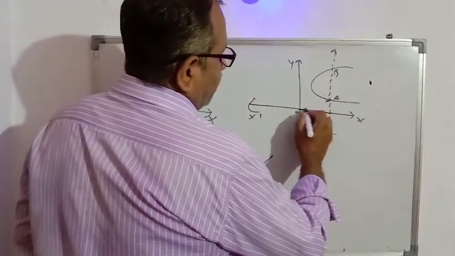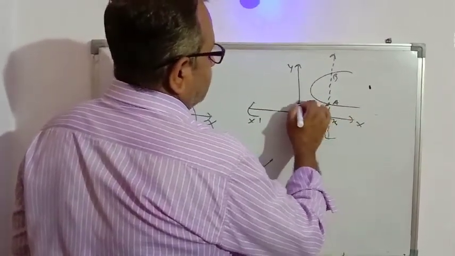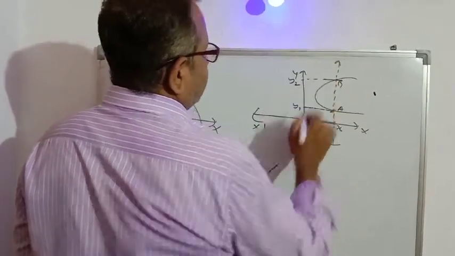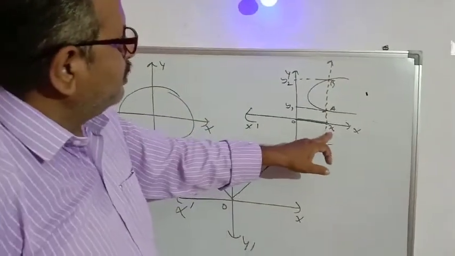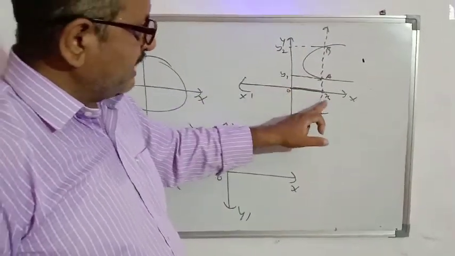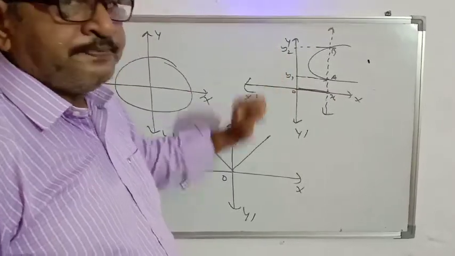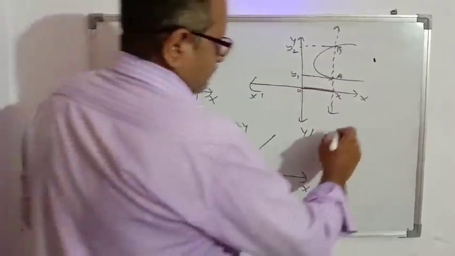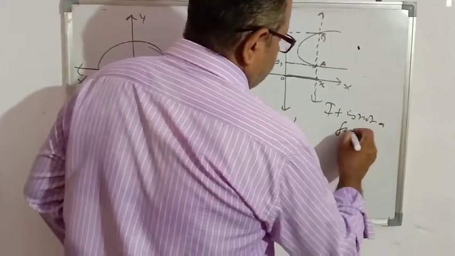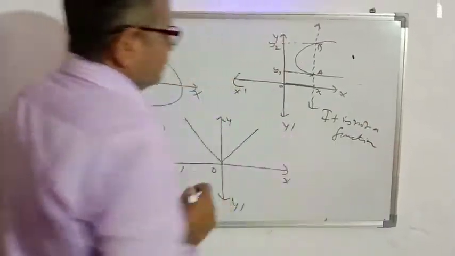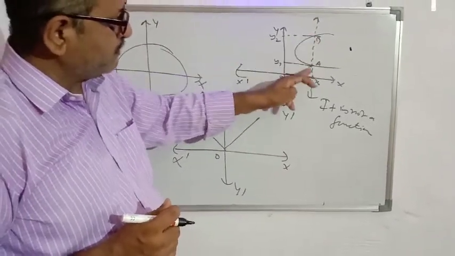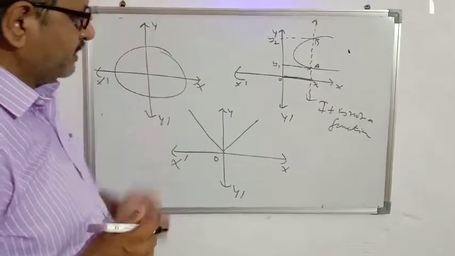Because for one value of x, we are getting two values of y, y1 and y2. Means x has two images, y1 and y2. So it is not a function. So if we draw a line parallel to the y-axis and it cuts the graph at two distinct points, then it is not a function.